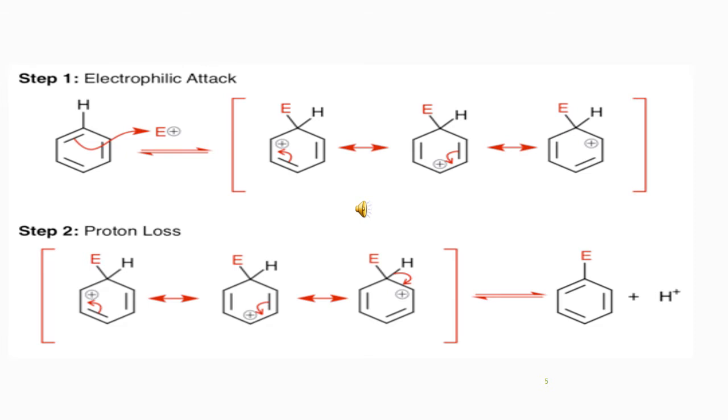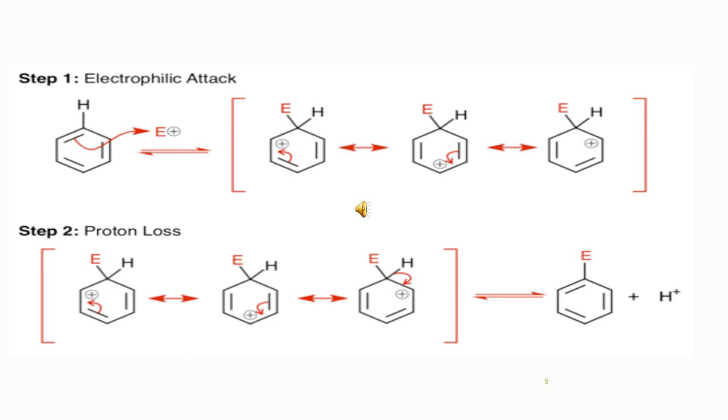In the second step, as you can see, there is hydrogen in the last canonical form of the arenium ion. The bond between hydrogen and carbon is being donated to the ipso carbon and ortho carbon, and then a double bond is generated over there.